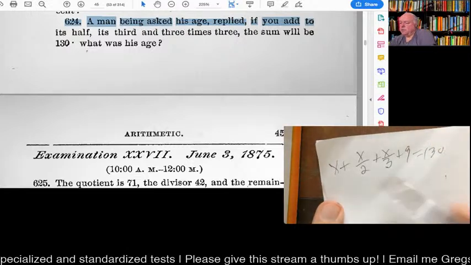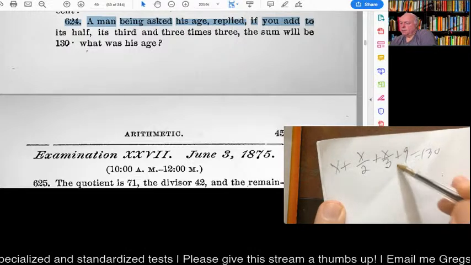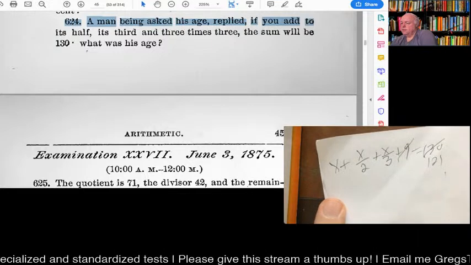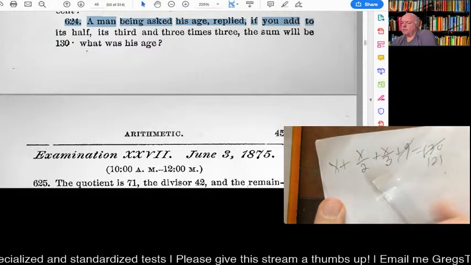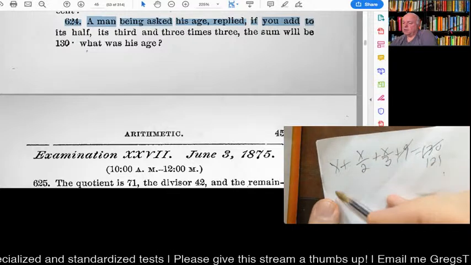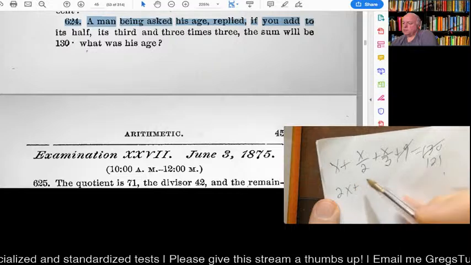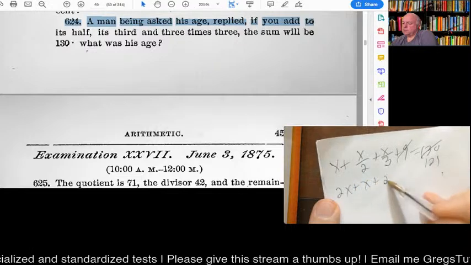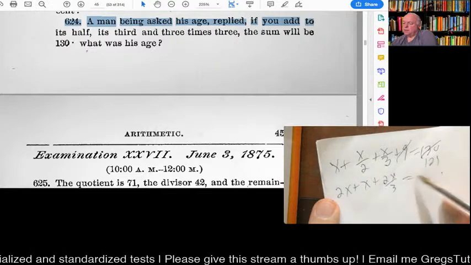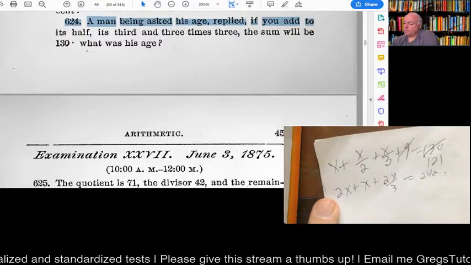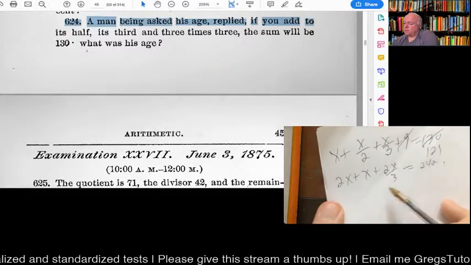Okay, and this is pure algebra. So we're going to subtract 9 from both sides, and we get that. Okay, so we're going to get rid of these. We could do common denominators, but we could just start going. Multiply everything by 2. So we get 2x plus x plus 2x over 3 equals 242, right? And then multiply everything by 3 to get rid of that.